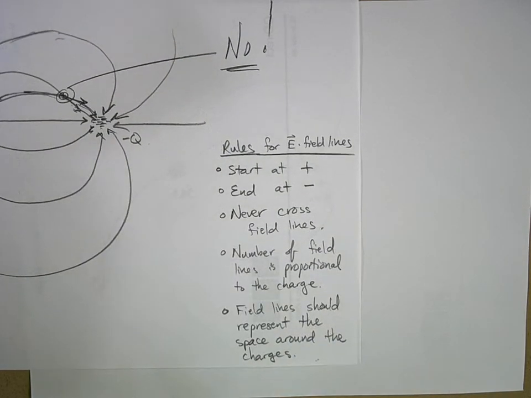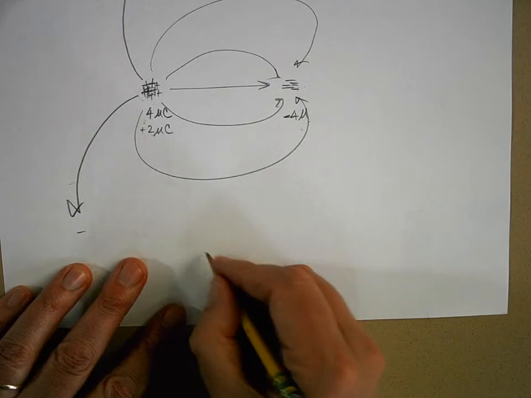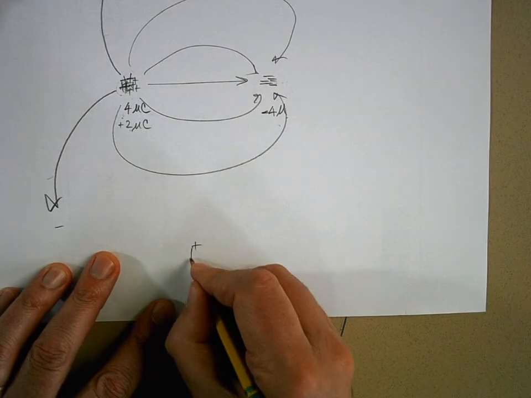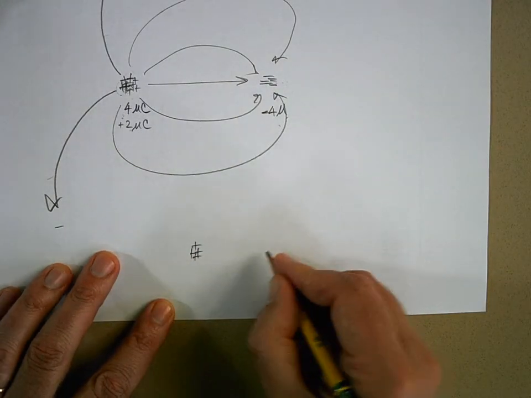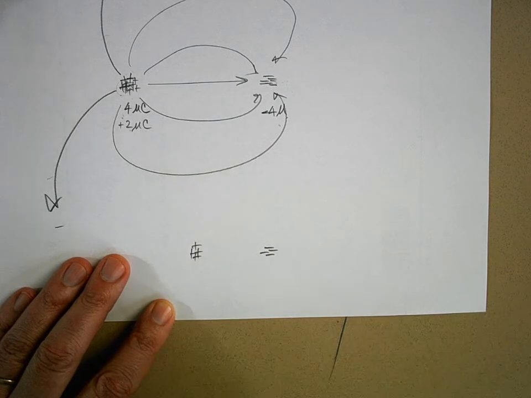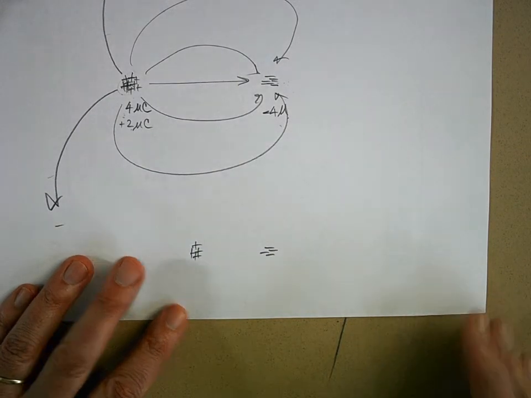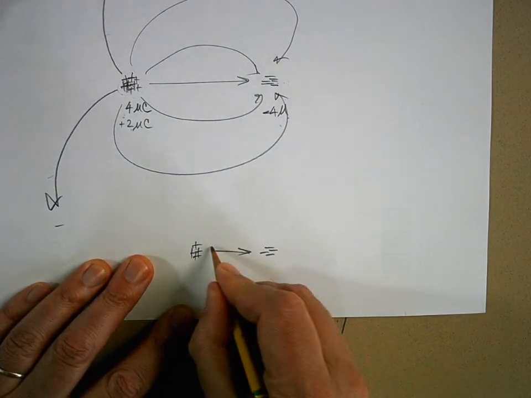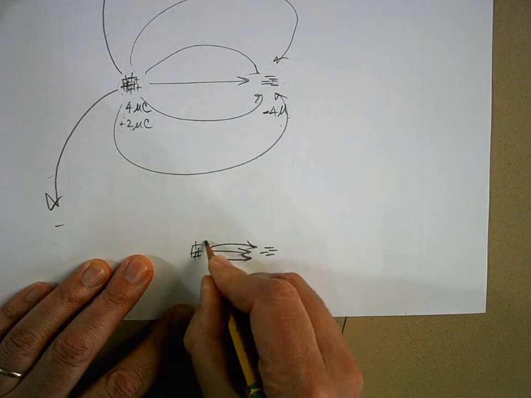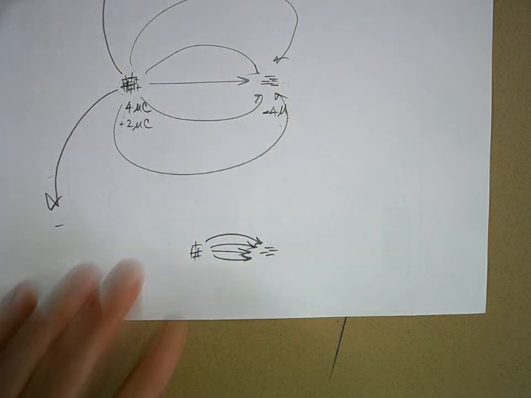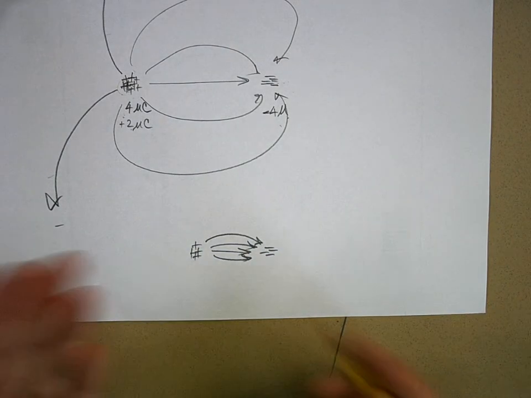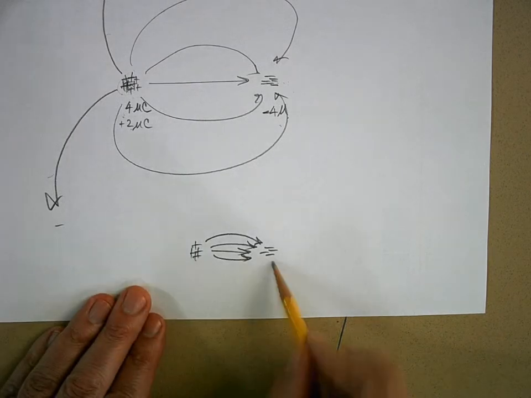If you have like 1, 2, 3, 4 charges here and 1, 2, 3, 4 negative charges here, people will do this. They'll go, okay, 1, 2, 3, 4. Now, they haven't crossed any field lines. They've started at positive and they've ended at negative.